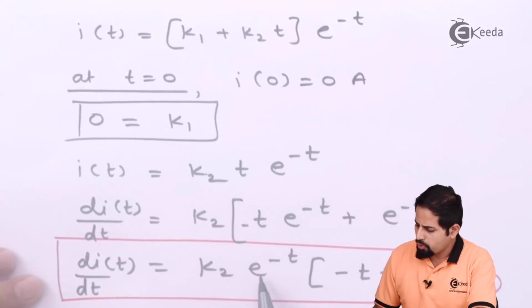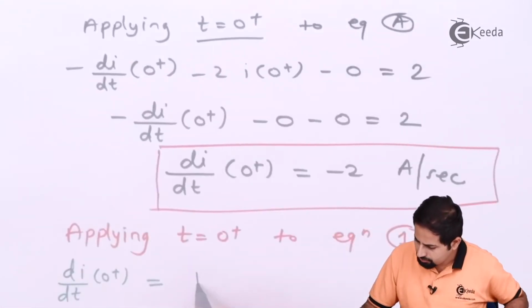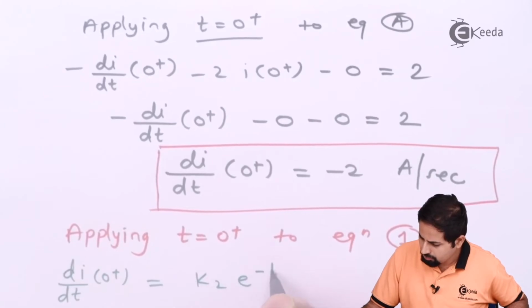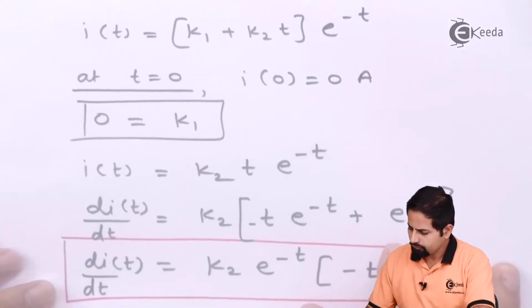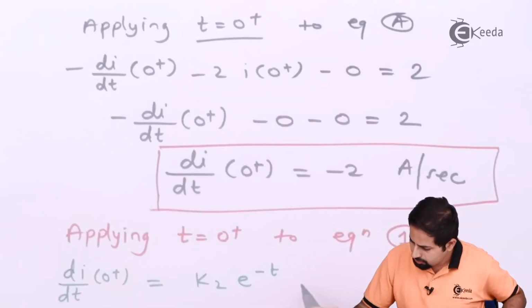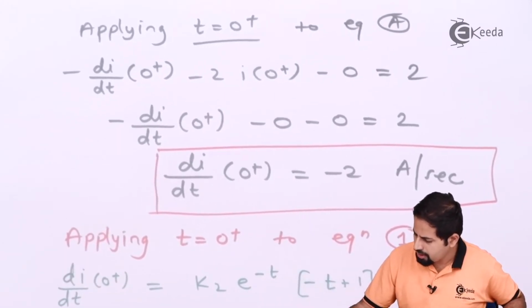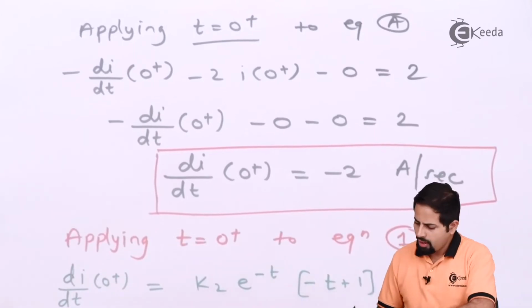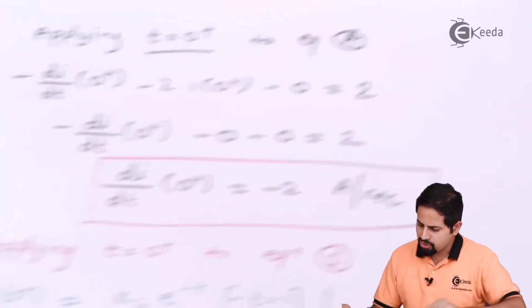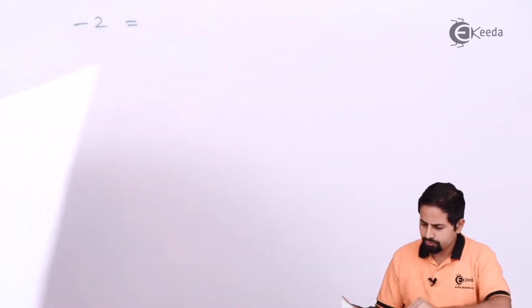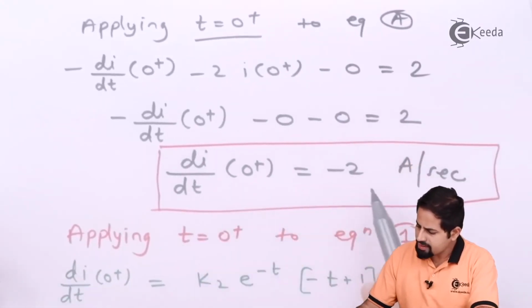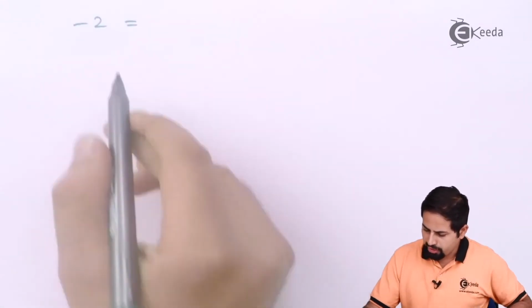that is equal to k2 into e raised to minus t into minus t plus 1, all this at t equal to 0 plus, and so left hand side becomes minus 2, as we already have written.